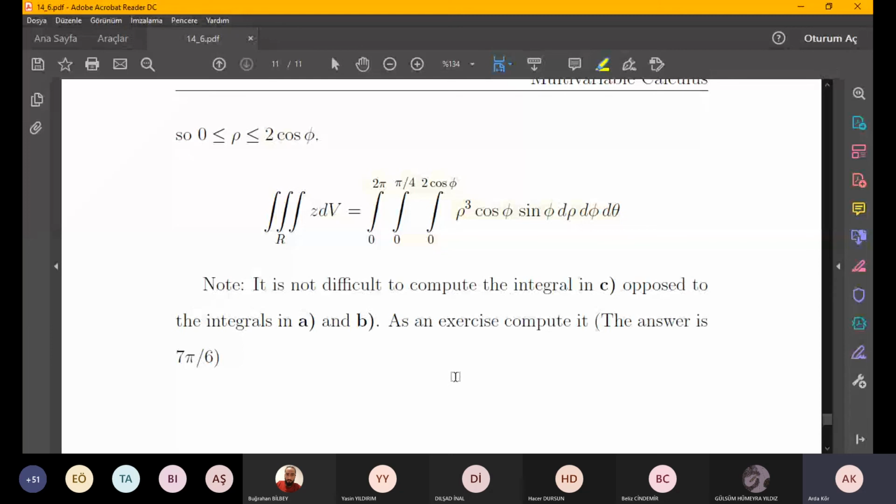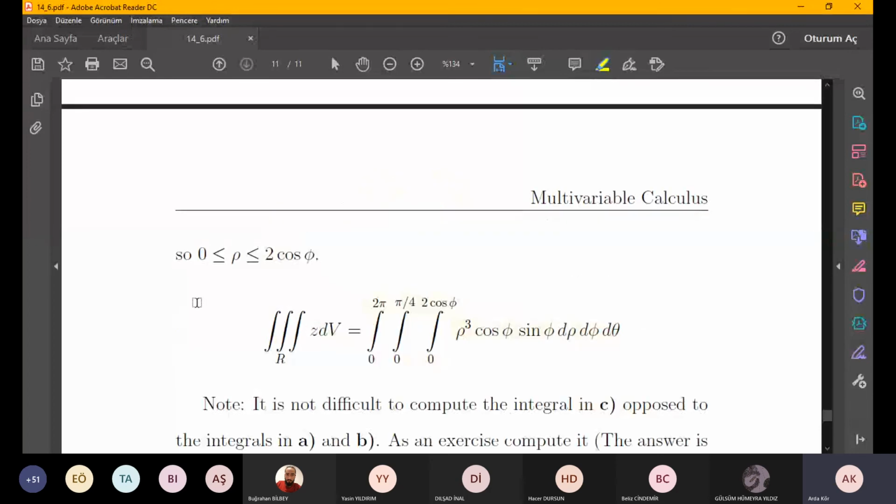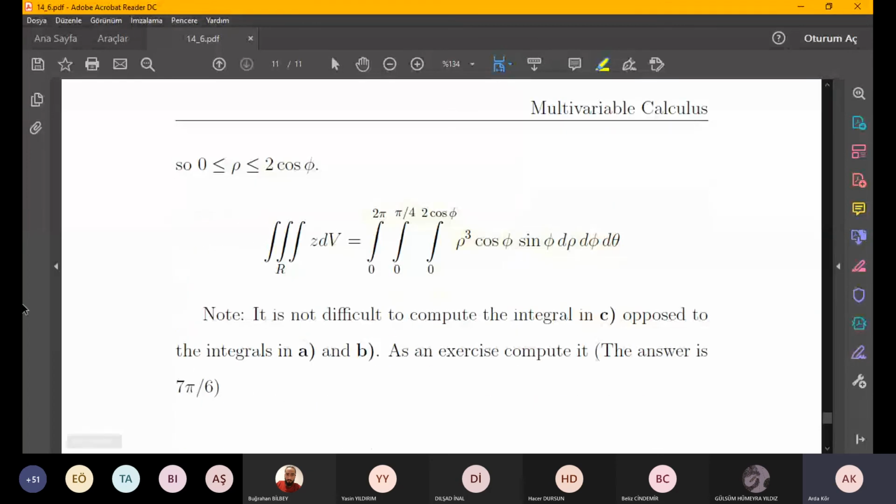And about the computation, the last integration that we have is the one which is easy to compute. You can compute and find that as 7 pi over 6.